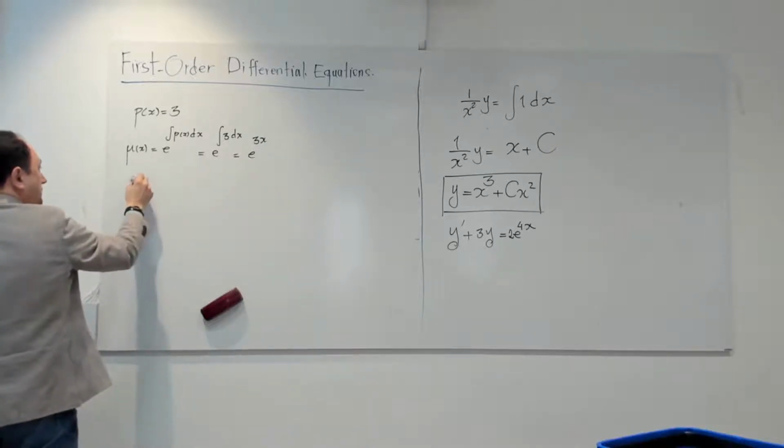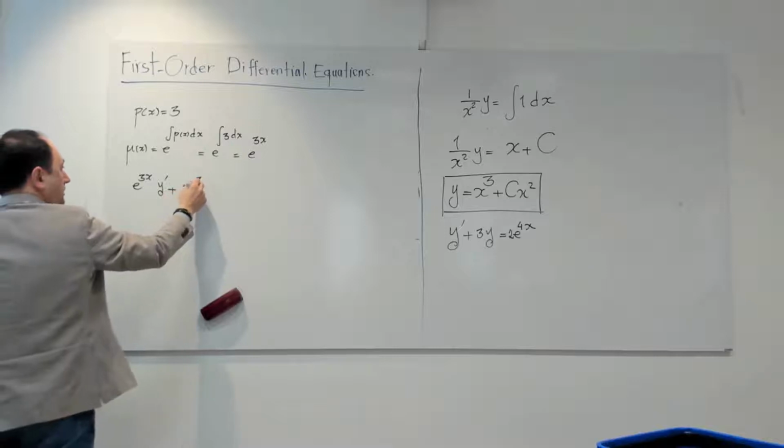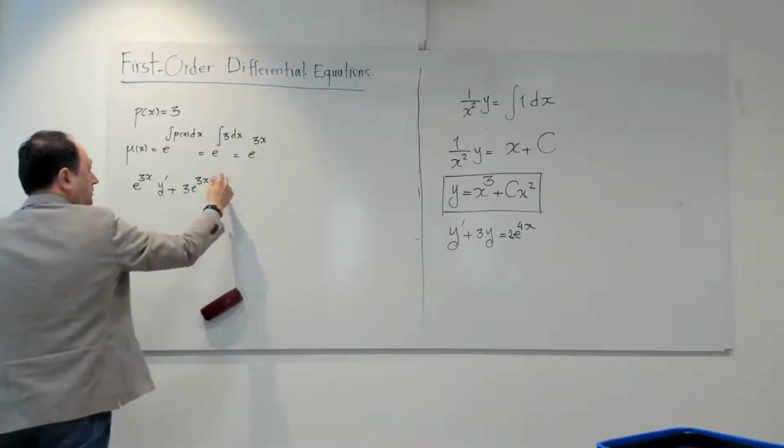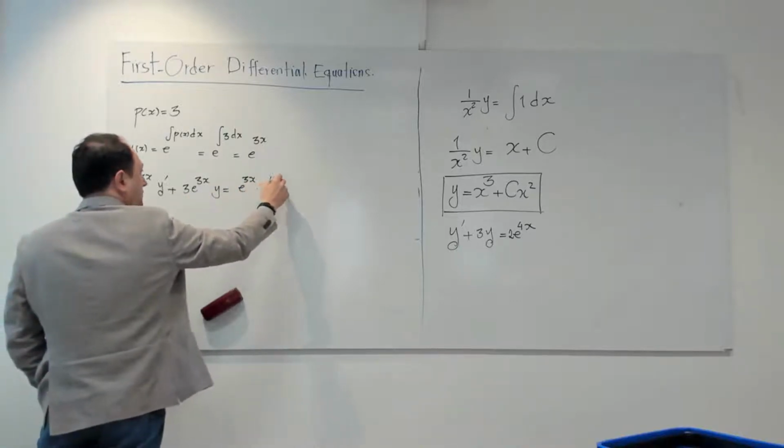So it becomes e to the power of 3x multiplied by y prime plus 3e to the power of 3x y. On the right-hand side, I have to write e to the power of 3x multiplied by e to the power of 4x.